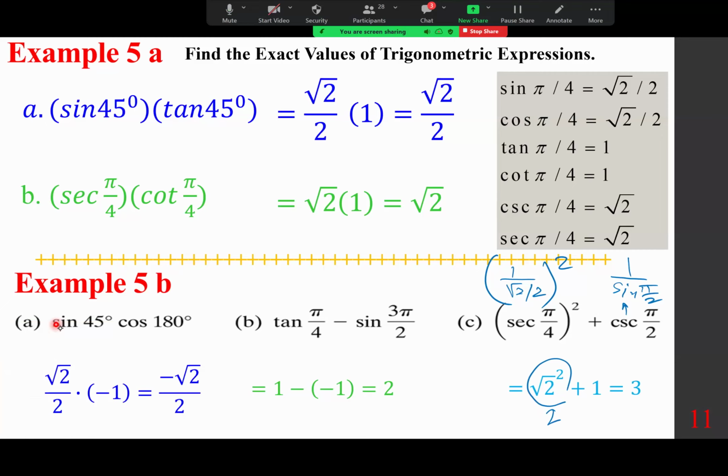Again, knowing common trigonometric functions and their values, common arcs, common angles, is a must.